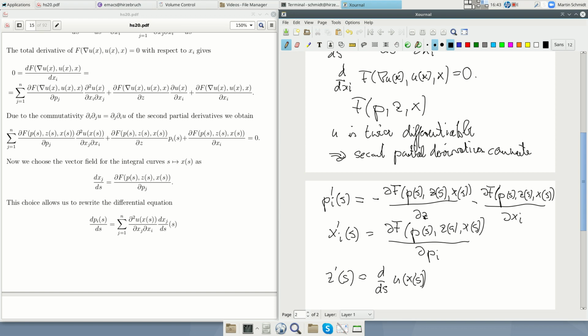Again we have the chain rule, so this is the sum over j equal 1 to n of the partial derivative of u with respect to x_j at x of s, and the inner derivative is just x_j prime of s.